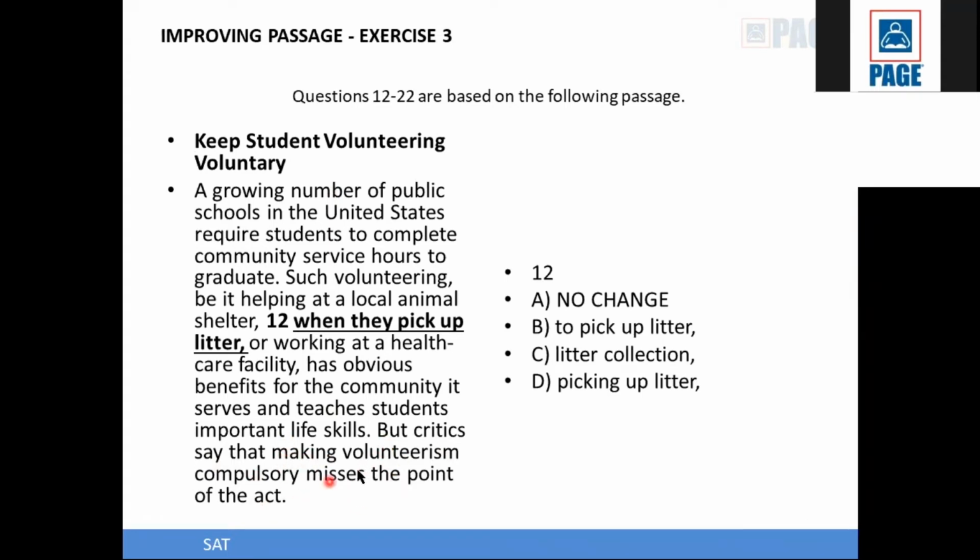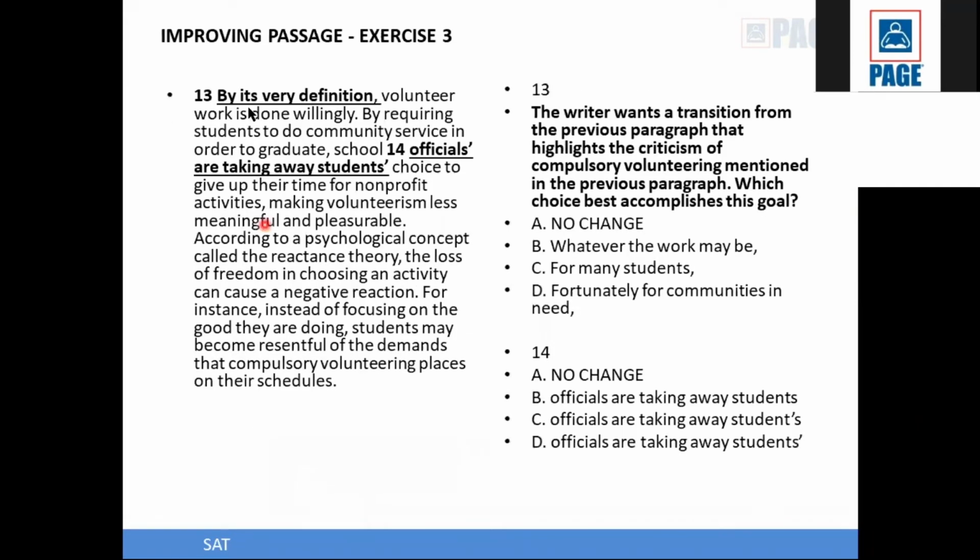That is, when critics say that making volunteering compulsory misses the point, they did not understand what volunteering work is. So in the next paragraph, they need to give the meaning of volunteering work, that is the work which is done willingly. So volunteerism, by its very definition, means that you do the work willingly.